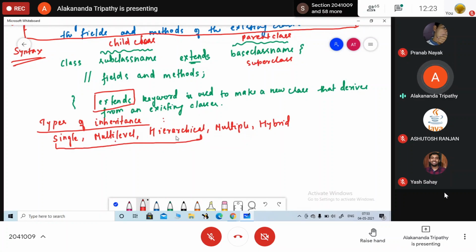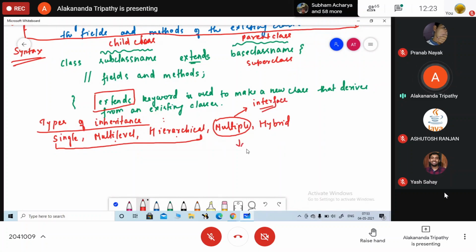multilevel inheritance, and what is the other one? Hierarchical inheritance. Okay, in multiple inheritance we have some ambiguity. So instead of multiple inheritance, we are using the concept of interface.